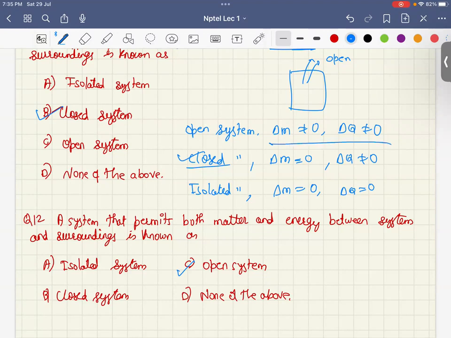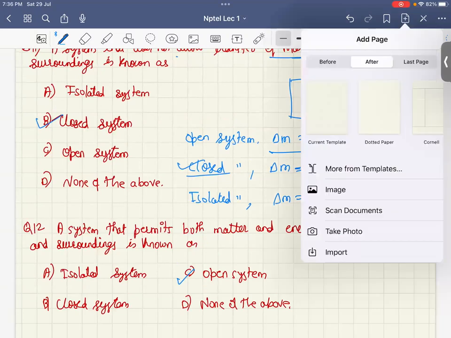You see that both mass transfer and heat transfer is allowed, and that is what is asked here. Okay, so let us move on to the next question.